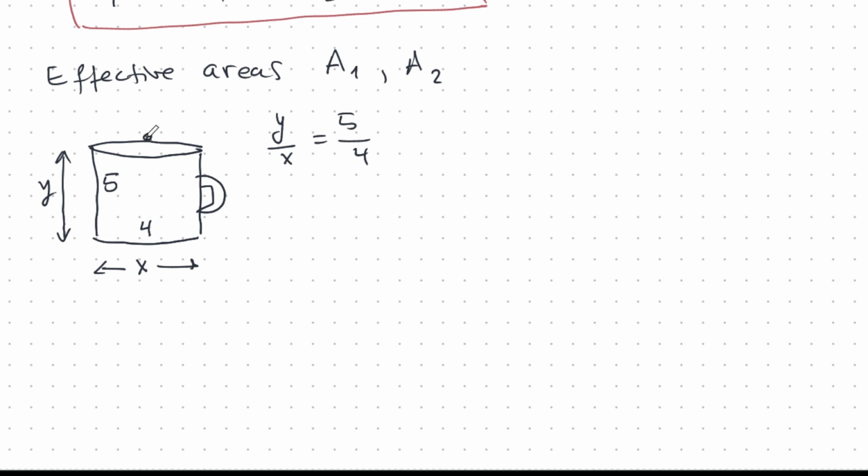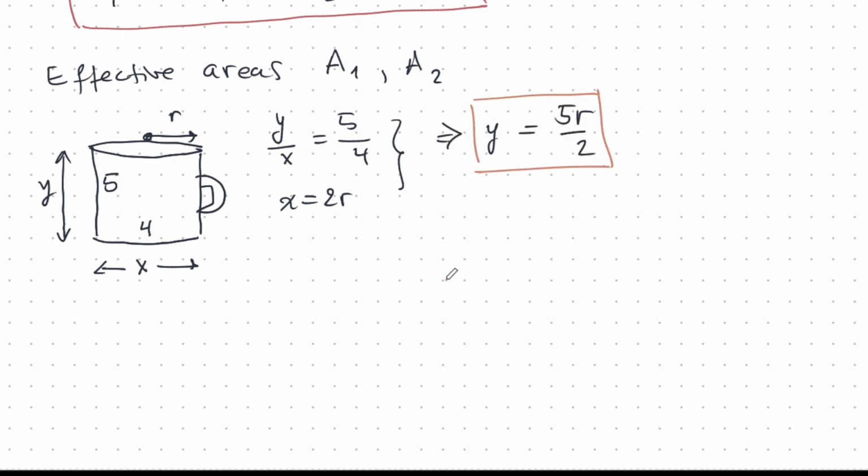And we have a radius of the cup like this, and a relationship that x is 2 times the radius. So putting these two together, y is equal to what? y is 5r over 2. So this is going to help me calculate volume and surface area in terms of just the radius.